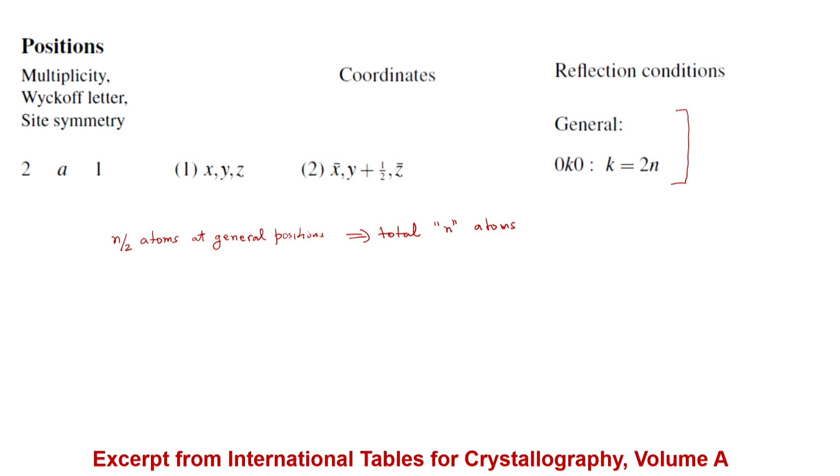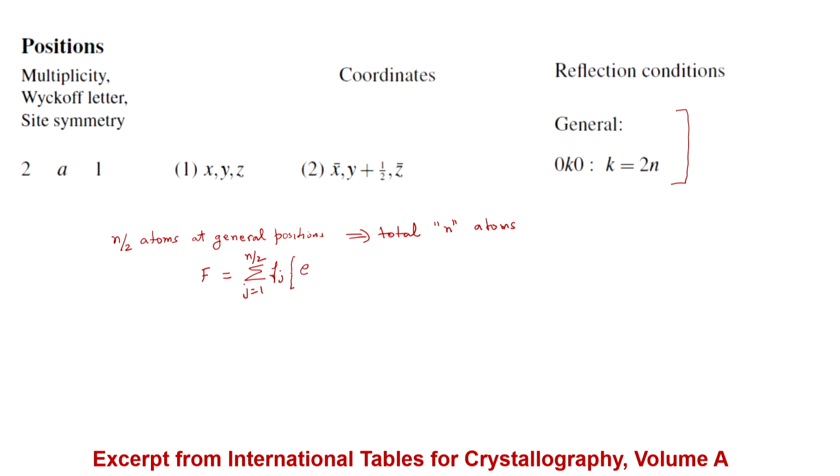So, if I have to write the structure factor F for this, I will sum over n by 2 atoms only. Fj is the scattering factor for the jth atom, and I put it at some general position x, y, z.